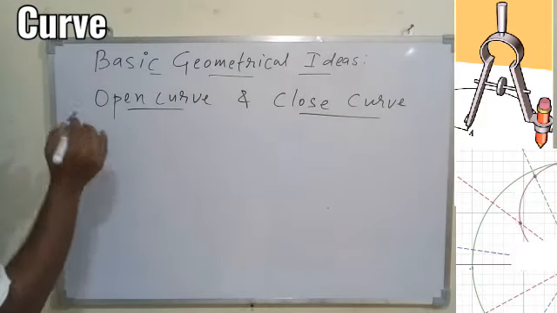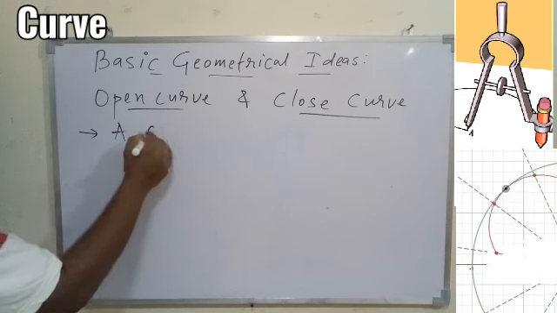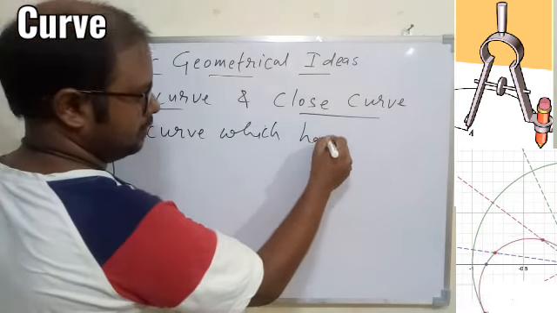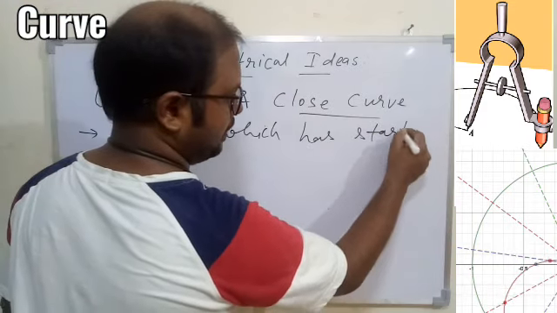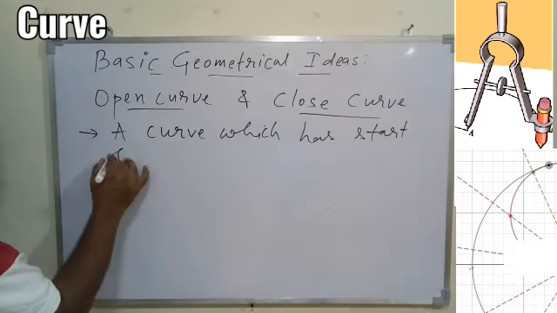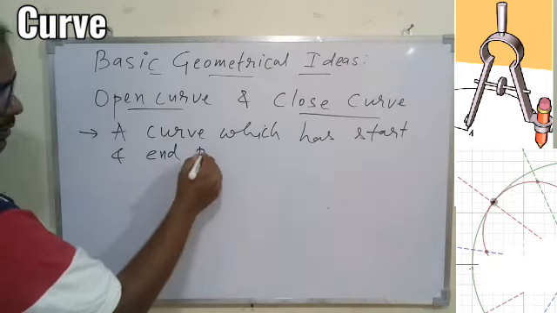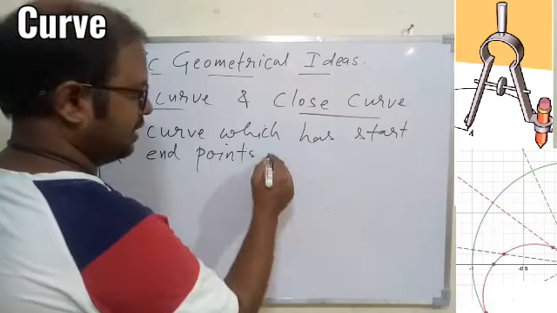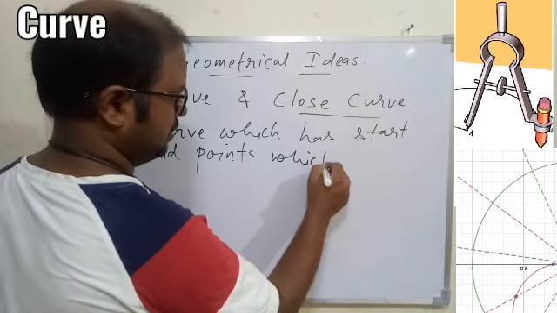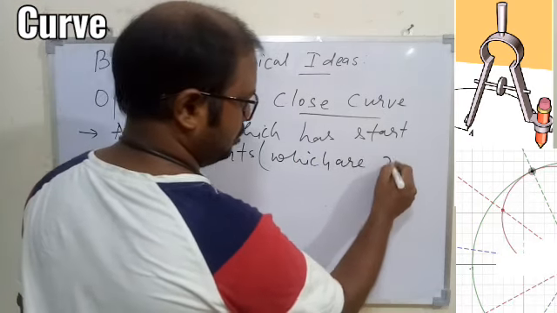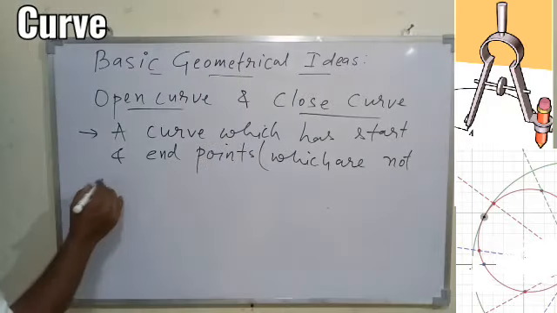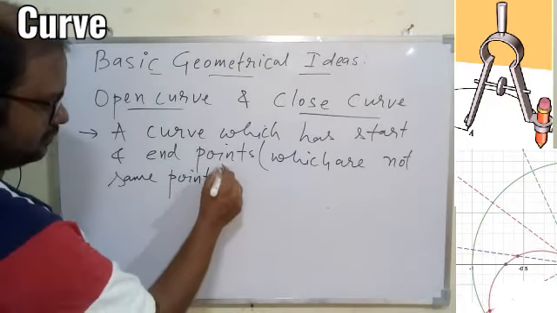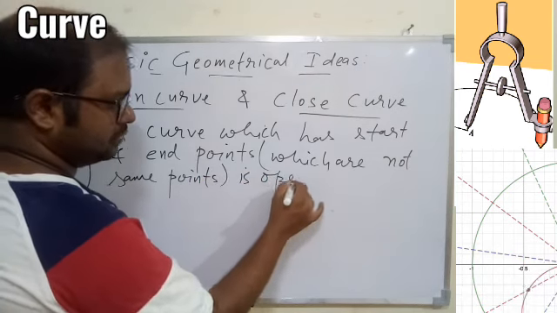A simple definition we can say: a curve which has start and end points which are not the same points is an open curve.